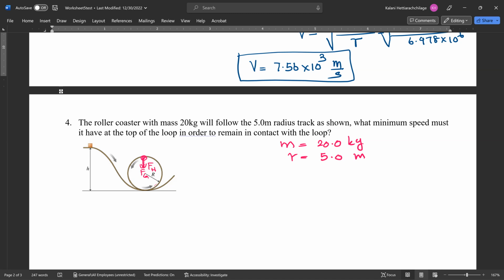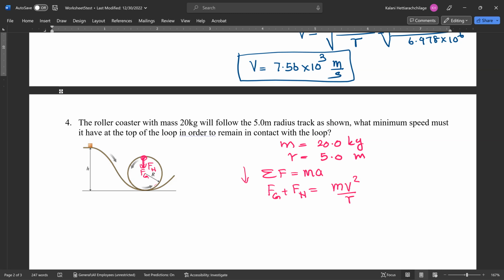If I write towards the center, in the downward direction, net force equals mass times acceleration. You have the force of gravity and also the normal force, which will equal mass times acceleration, in this case mass times velocity squared over r, right?